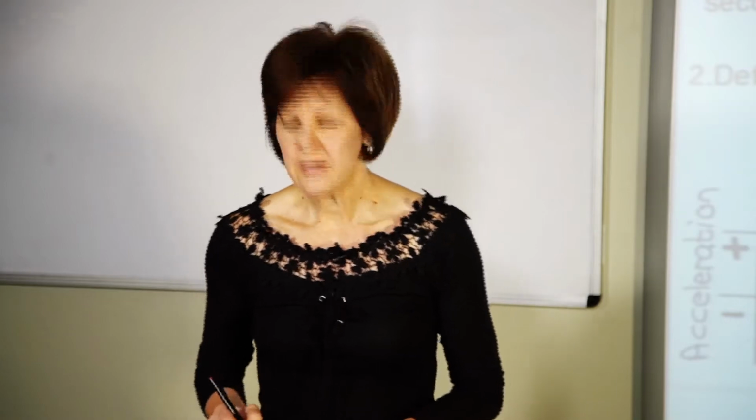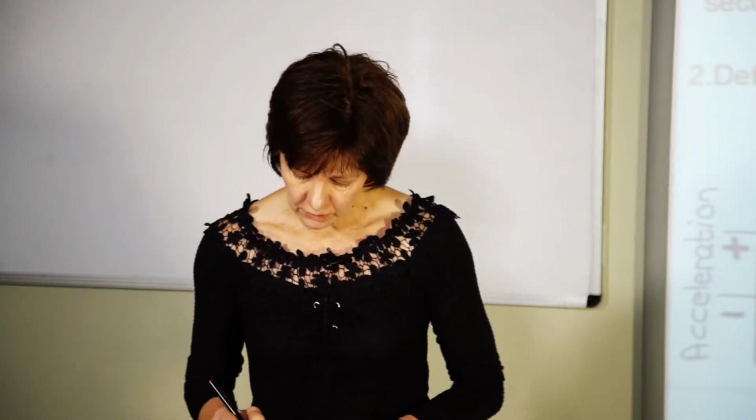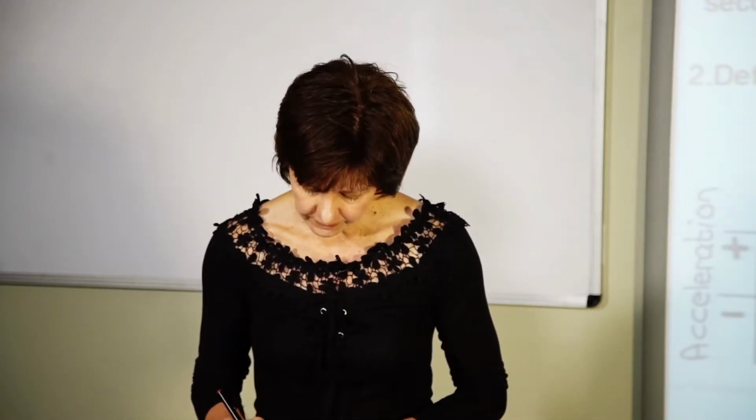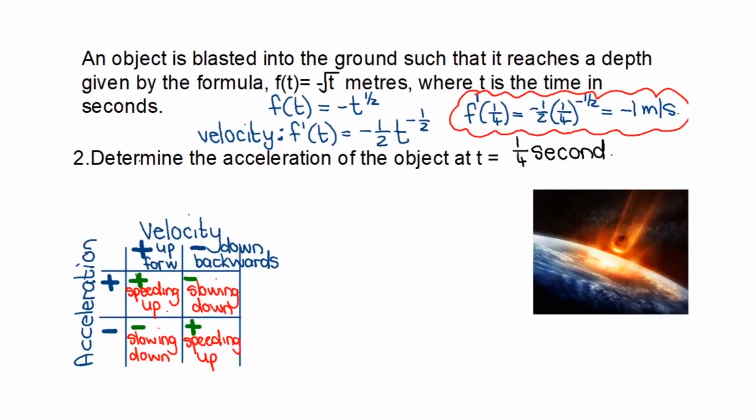Okay, last question on this object that's blasted into the ground. The question here is determine the acceleration of the object after a quarter of a second. So what is acceleration? Can I remind you, we have just said the velocity is the derivative of the distance formula, the depth.